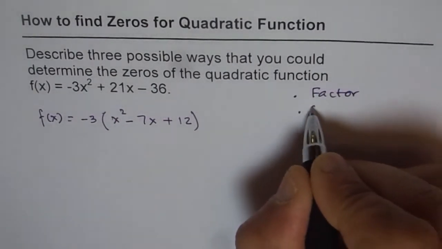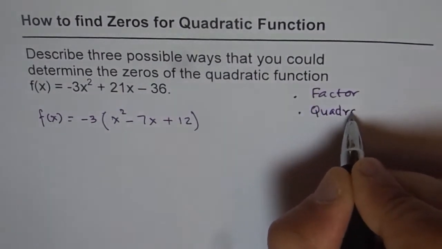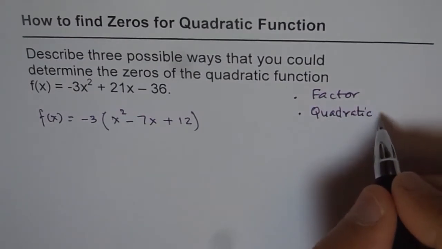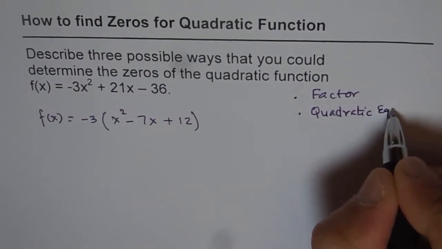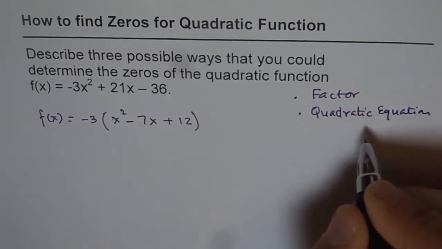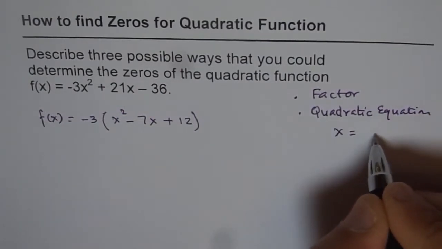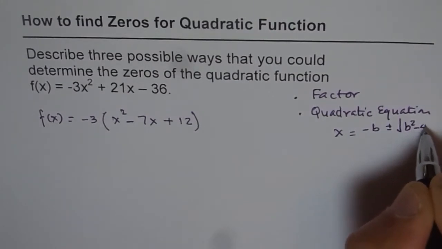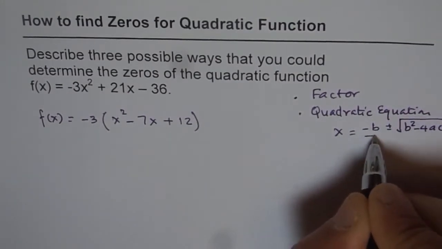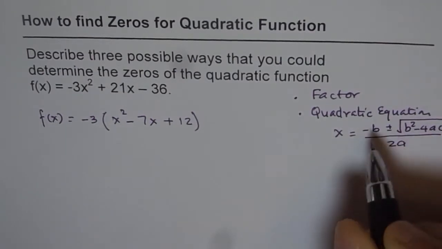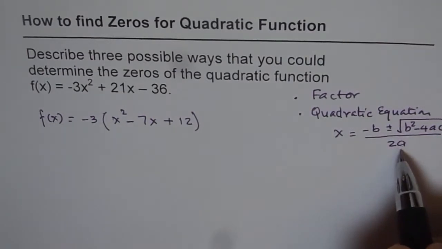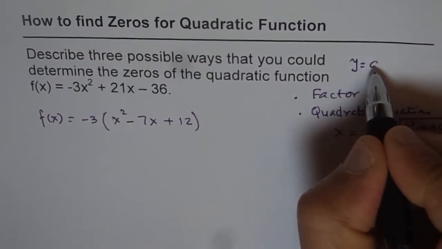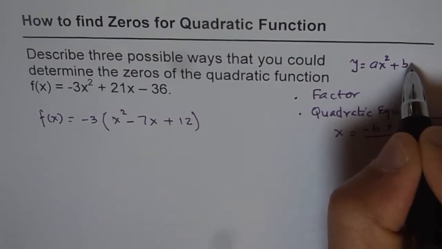And second is the quadratic equation. For any equation for that matter, not only this one, these are general ways of doing it. When we say quadratic equation, we are saying that x could be found with the formula, which is minus b plus or minus the square root of b squared minus 4ac, divided by 2a, where the equation is of the form y equals ax squared plus bx plus c.